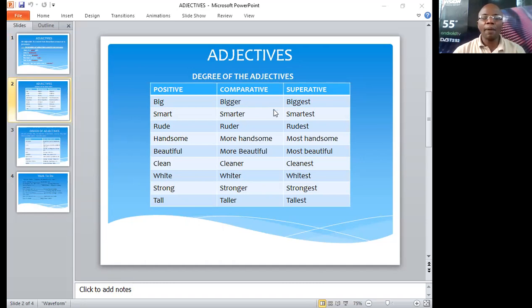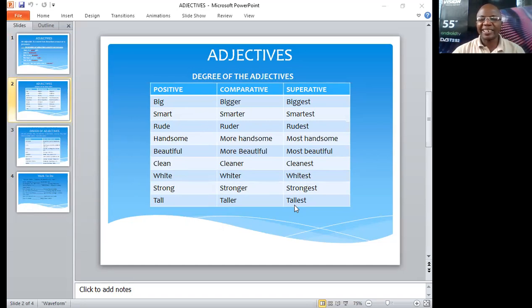Very good. I give some examples in word form. We have big, bigger, biggest, smart, smarter, smartest, rude, ruder, rudest, handsome, more handsome, most handsome, beautiful, more beautiful, most beautiful, clean, cleaner, cleanest, white, whiter, whitest, strong, stronger, strongest, tall, taller, tallest.